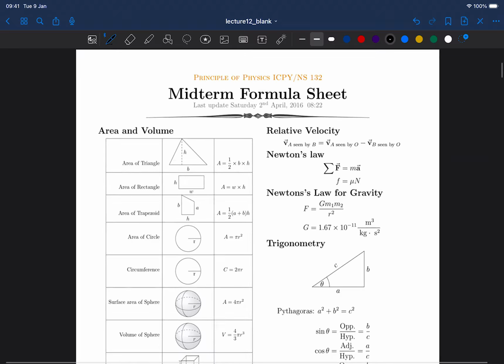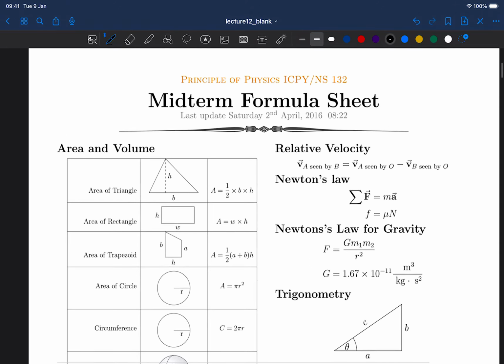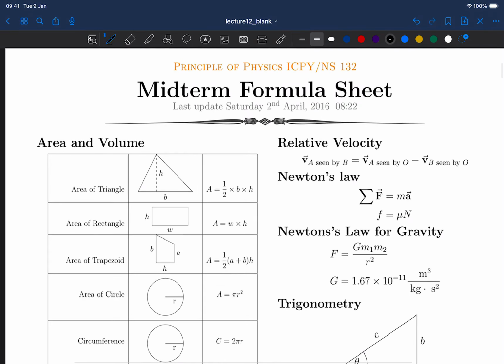So first I want to show you the formula sheet. You can see here, it's not updated for 10 years already, but physics has not changed for the past 10 years.